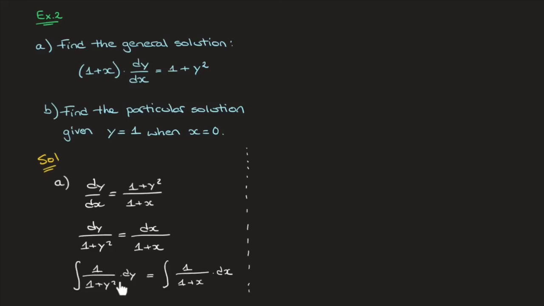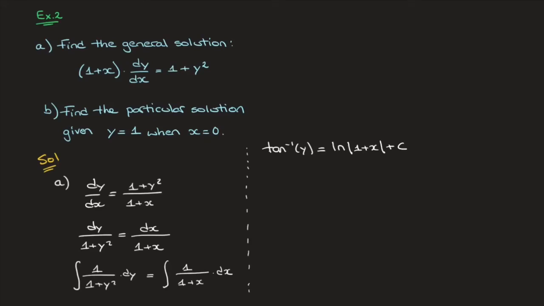Integrating 1/(1 + y²) with respect to y leads to inverse tan, or arctan, of y. And that's equal to the integral of 1/(1 + x), which equals ln of the absolute value of 1 plus x. And of course we have our constant of integration.